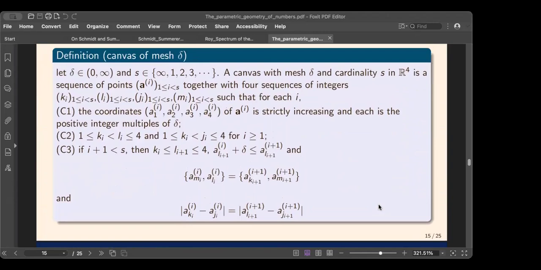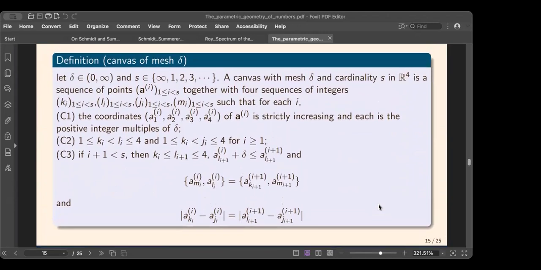And here is the definition of convex of mesh delta in the 2x2 matrix case. In condition 1, it's just the same as the previous one. In condition 2, first, we also require ki is less than li as before.